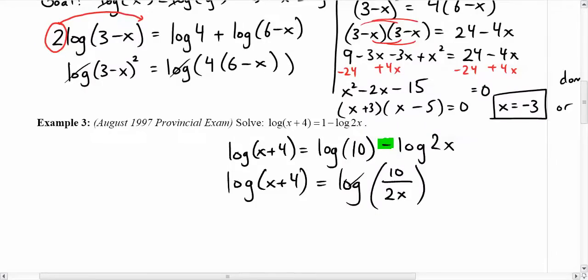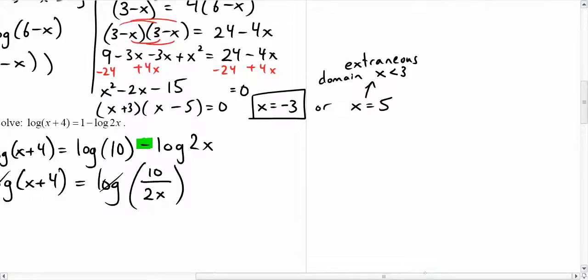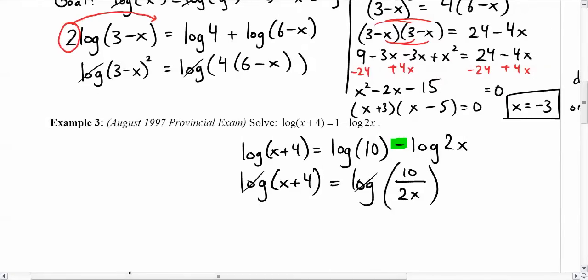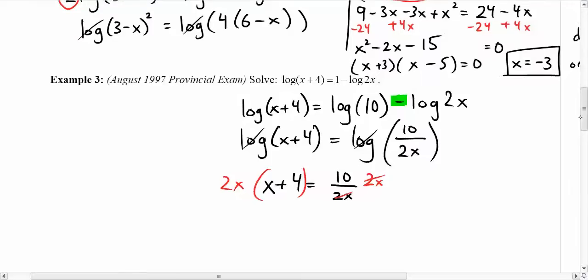So now that I have one log on each side, this is the only time that I can cancel the logs, and the arguments of the log must be the same. x plus 4 equals 10 over 2x. So to solve this, I'm going to multiply both sides of the equation by 2x, and then factor, just like before. 2x squared plus 8x equals 10, so making everything equal to 0.